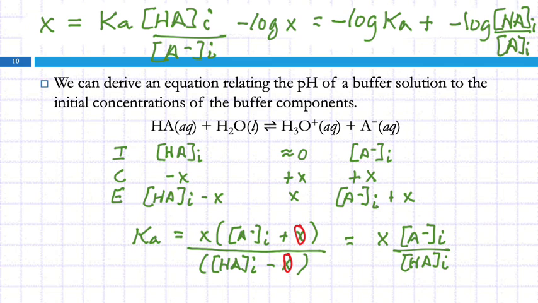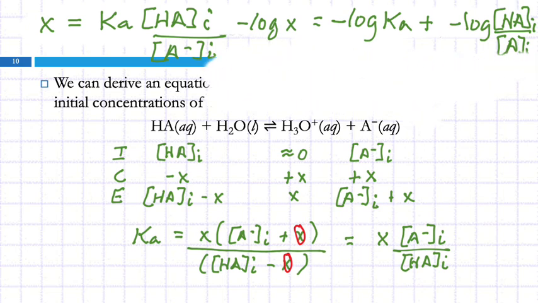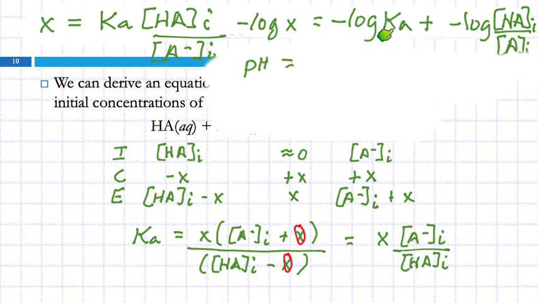Let's make some more room. Negative log of X is pH, yes. Negative log of Ka is pKa.